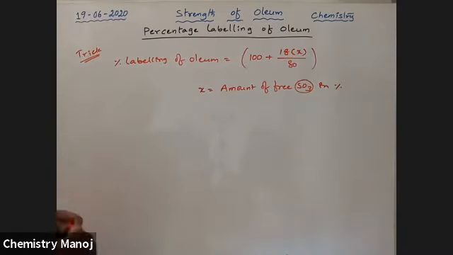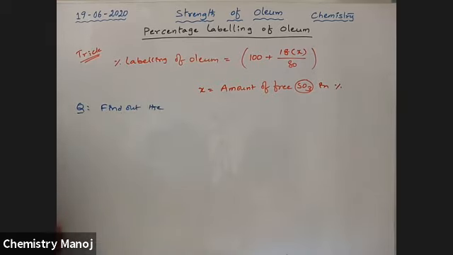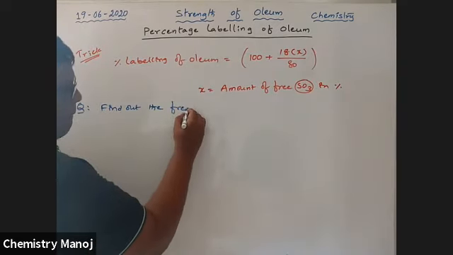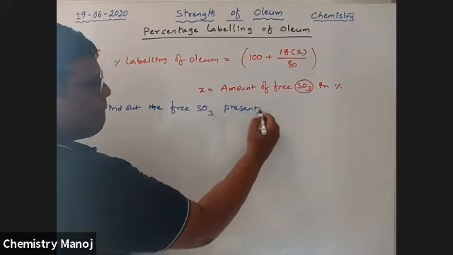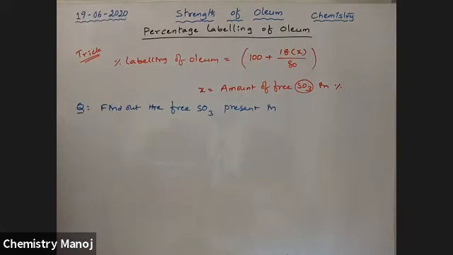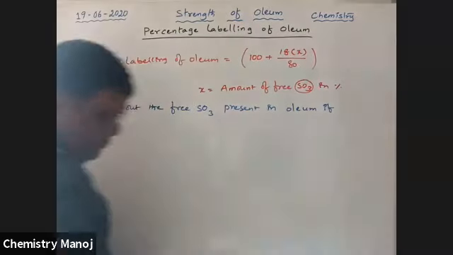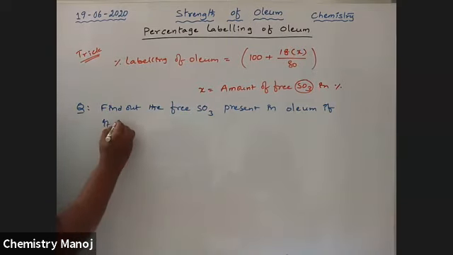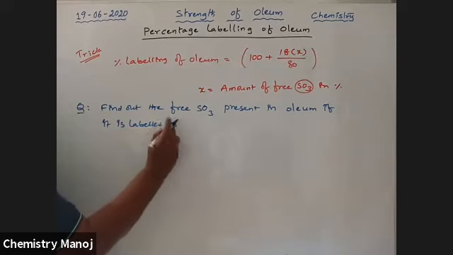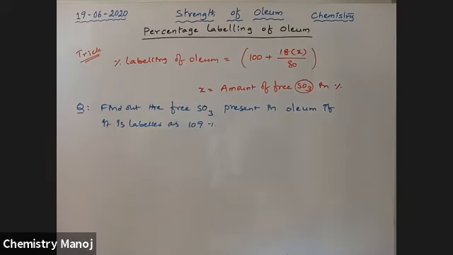Find the free SO3 present in oleum if it is labeled as 109%.